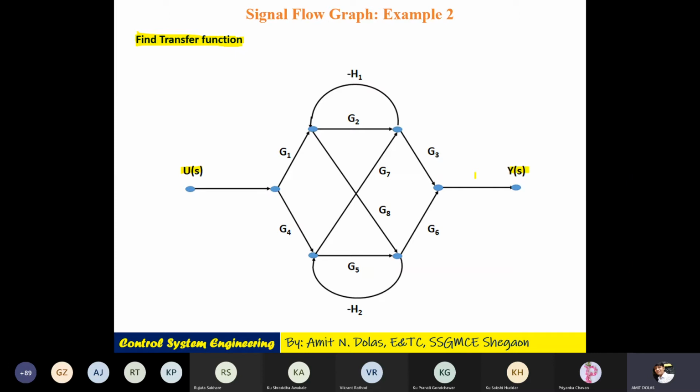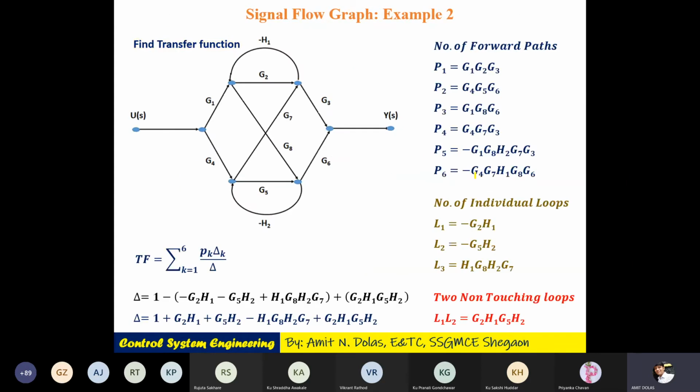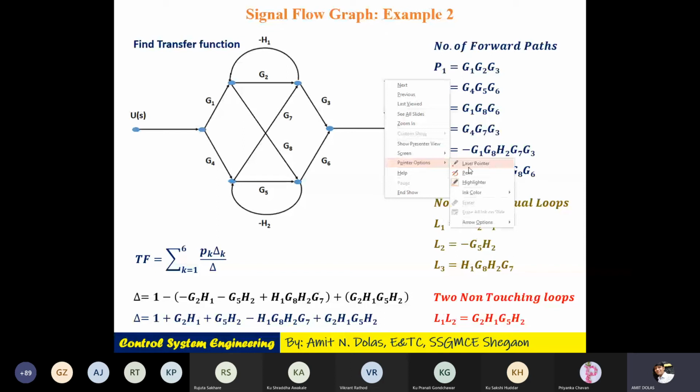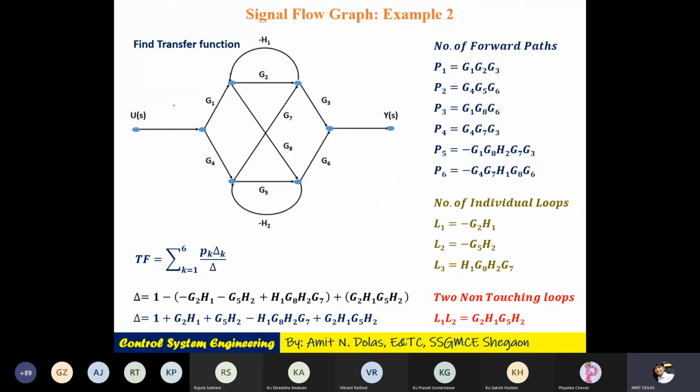Okay, so we'll go ahead and see one by one. Instead of highlighter, I will use a pen here. I'm interested in finding out the number of forward paths. I have P1. P1 is nothing but one path is G1, then G2, then G3.